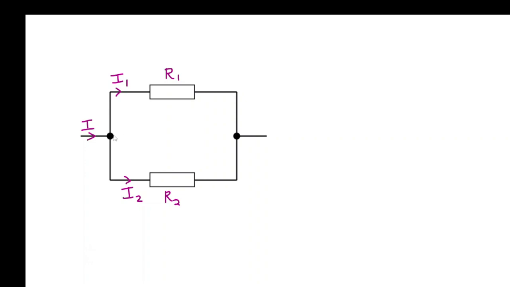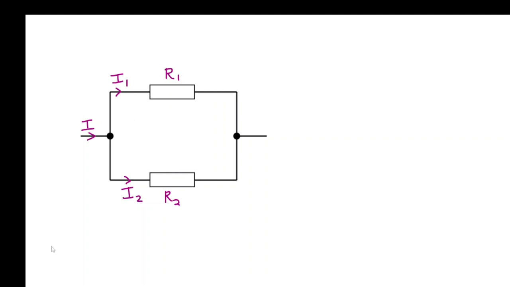So we know, imagine if R1 was smaller than R2, then for the current R1 is an easier path to go. There's a less resistant path. So what will happen? A larger proportion of capital I should go through R1, which means the current splits such that it's inversely proportional to the resistors.